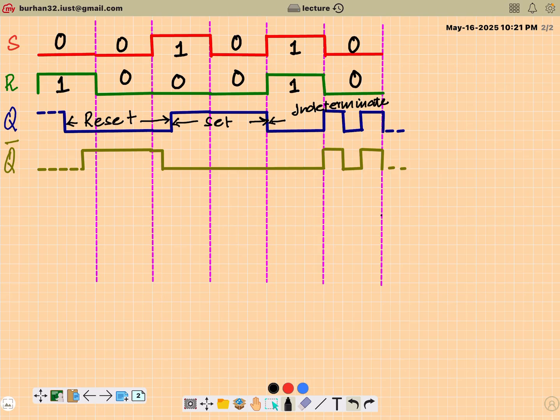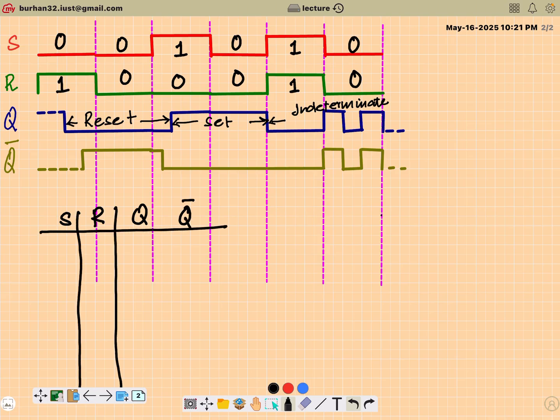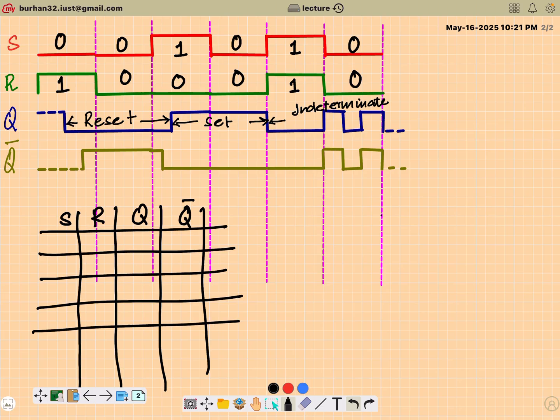So the complete truth table for an SR latch will be something like this. We'll have S, we'll have R, then Q, then Q bar. So 0, 1: Q was 0, Q bar was 1, a complementary state, a stable state.